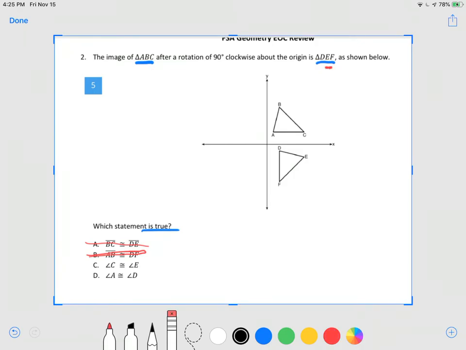But that's not guaranteed here. And actually, these triangles look scalene. So C doesn't work. And then option D is that angle A and D are congruent. And that has to be true. So angle A and angle D are congruent.